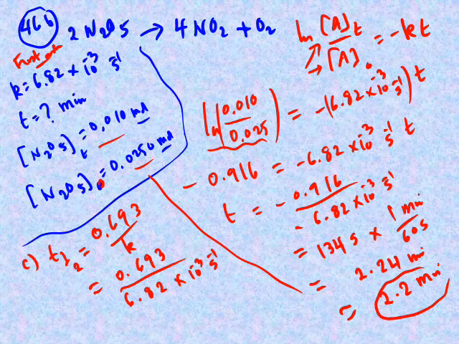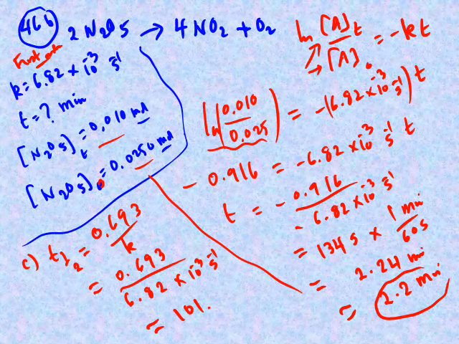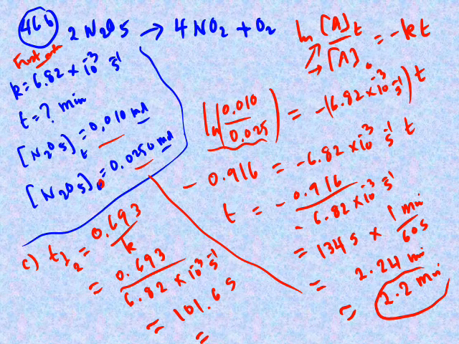Let me double check whether I used my numbers right. Looks right. So this gives me 101.6 seconds. Since the question didn't ask in what unit we should get it, I just kept it in seconds. So if you want to get it in minutes, just divide by 60. That would give you the answer in minutes.